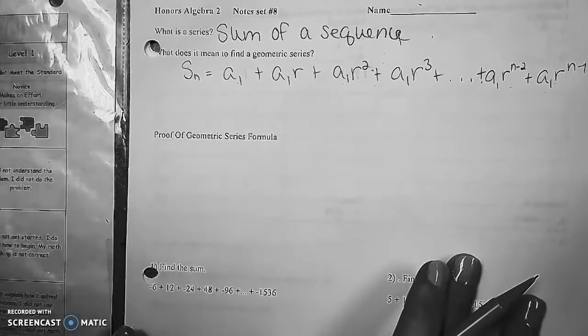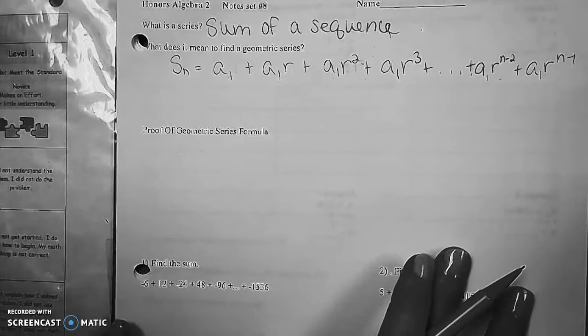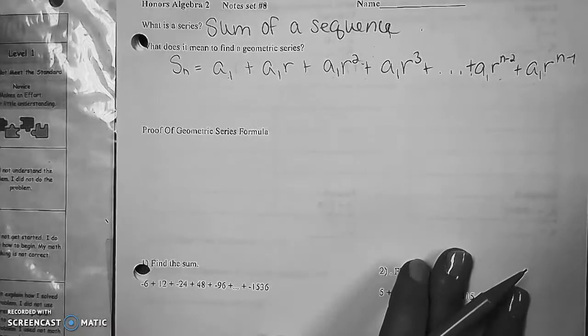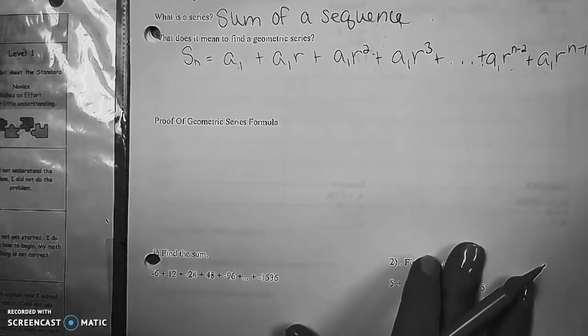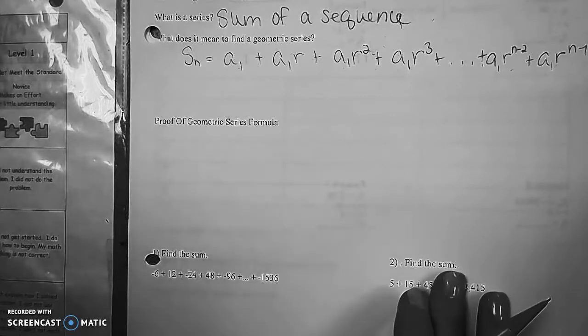We're going to derive the equation to help us use the geometric series formula. Out of all the different equations that we've learned, this one is less intuitive. It's not as intuitive as the arithmetic series where you figured out the pattern, or as using point slope form or an exponential function.